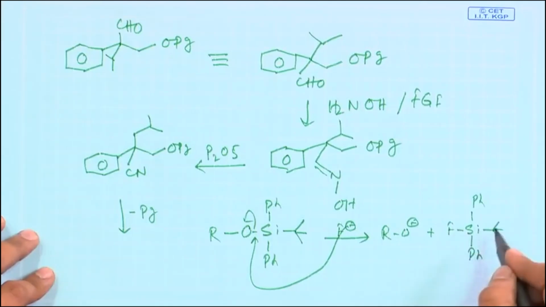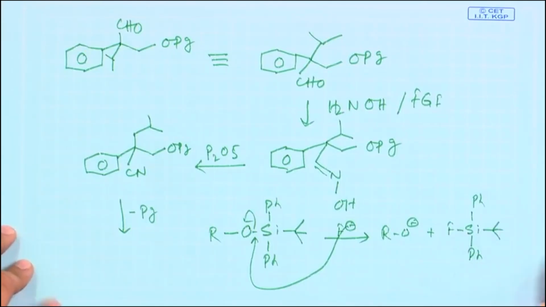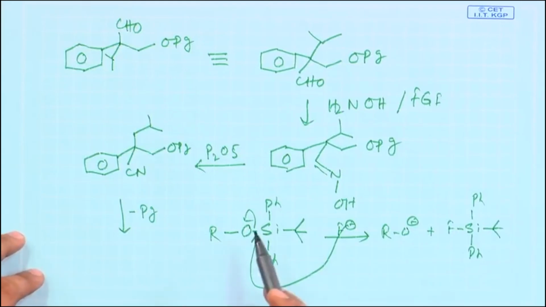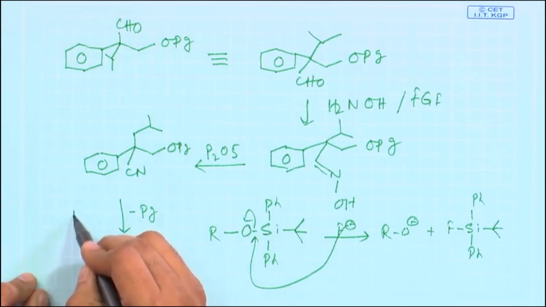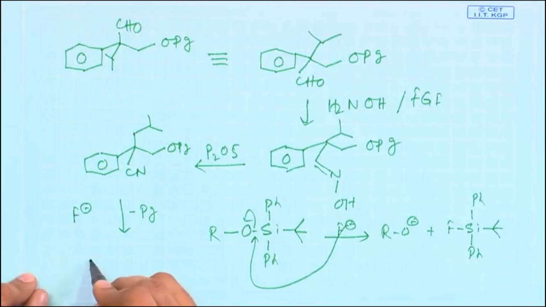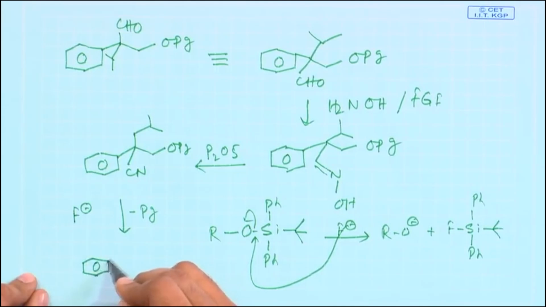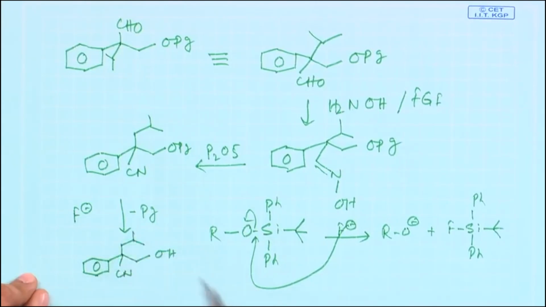The silicon fluorine bond energy is very high. That is why normally if you have an oxygen silicon bond or carbon silicon bond, the best way to cleave it is treatment with a fluoride source, and then you can access the target molecule. You will get an OH here, you get a cyano, the target molecule.